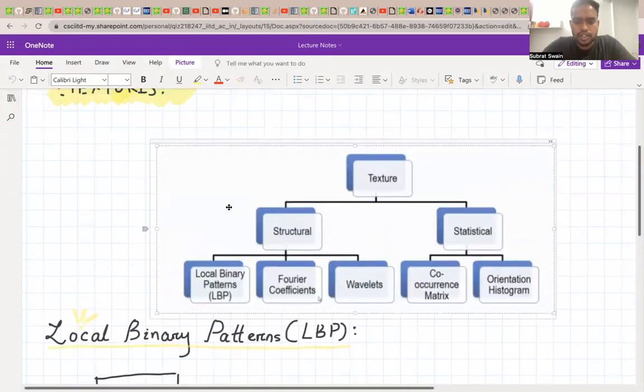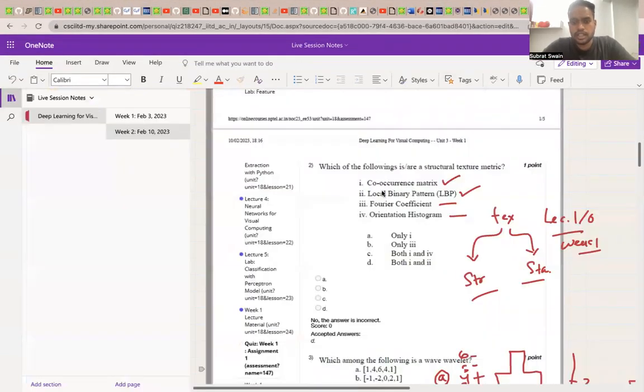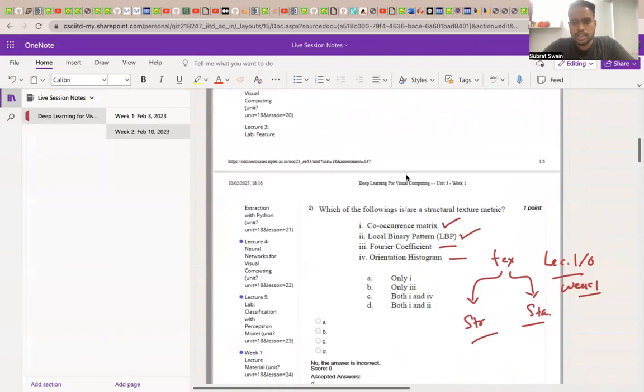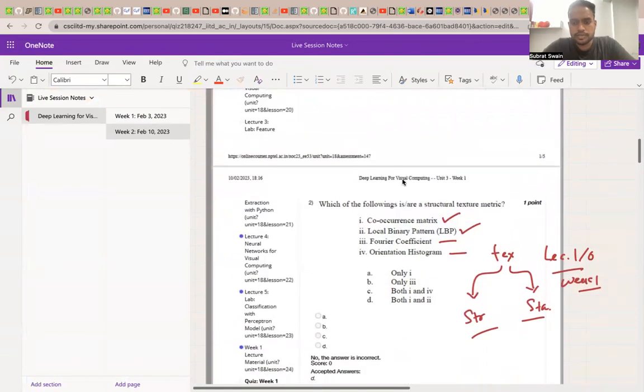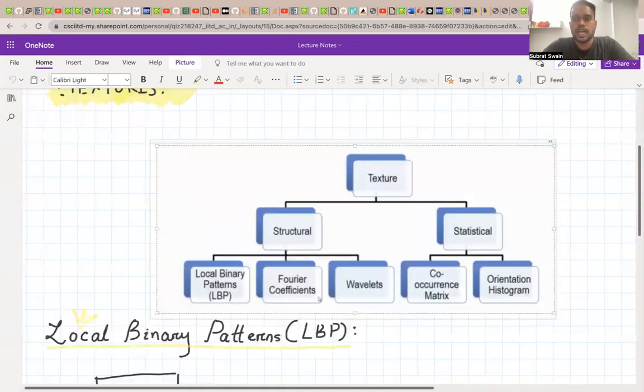Okay, this one, right? Yes. Statistical is co-occurrence matrix and orientation histogram. And that option is not given in that. I see. Thank you.